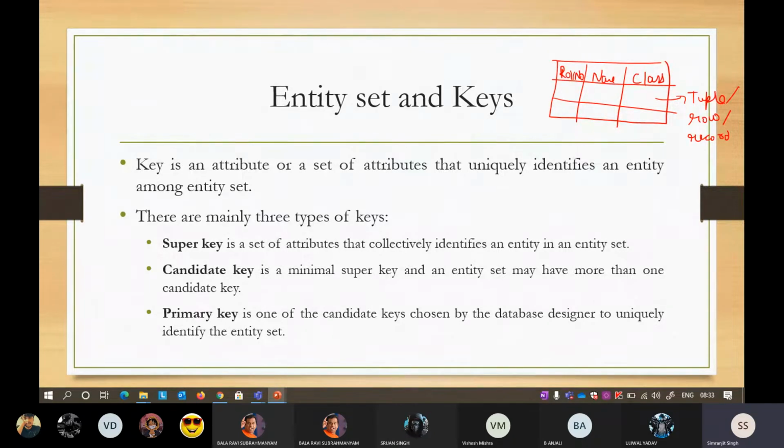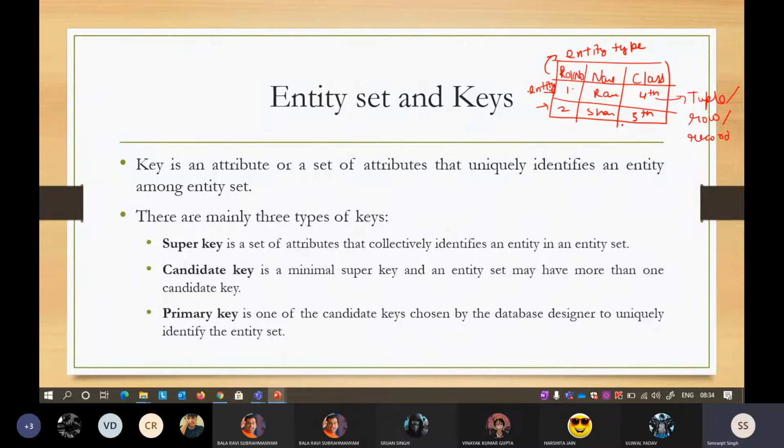These headings are referred to as the entity type. Entries such as 1 Ram fourth class, 2 Sham fifth class are the instances, and these entries are referred to as entities. The headings you write in the header are the entity type, so there is a difference between these two.